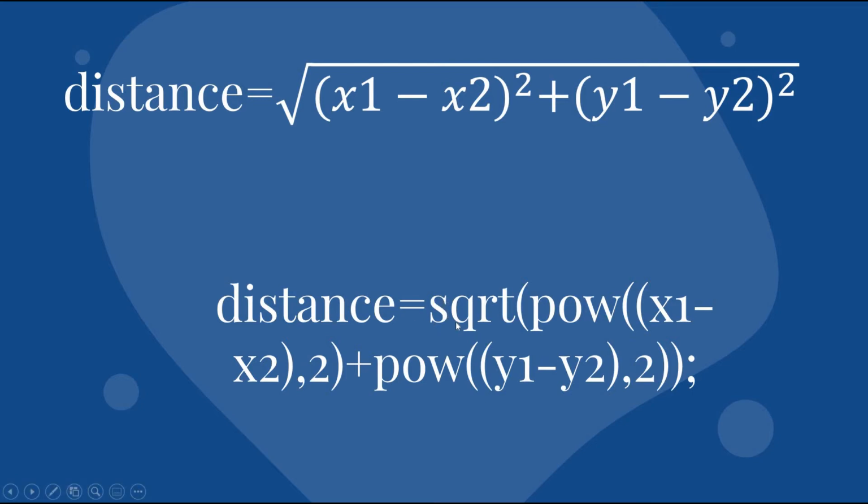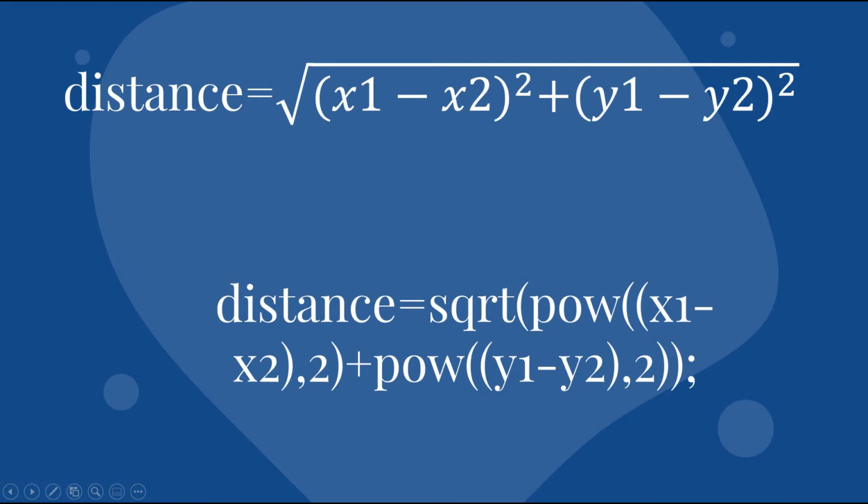Distance is equals to square root, and then yung sa loob po ng power is yung x sub 1 minus x sub 2, and then comma, ito po yung ni-raise natin sa second power. And then plus power, and then parenthesis. Inside the parenthesis, another parenthesis is the y sub 1 minus y sub 2, and then close parenthesis, and then comma to the second power.